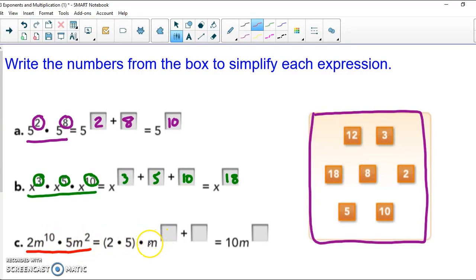So since I have the same base, I keep that base, and I'm going to add my exponents. So this is going to be m to the 10 plus 2 power. So as I simplify, 2 times 5 equals 10, and m to the 10 plus 2 power equals m to the 12th. So far, so good?